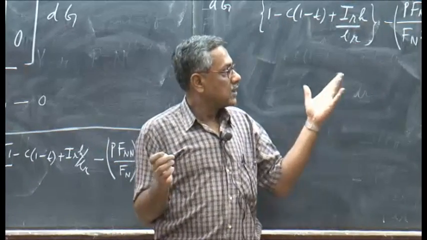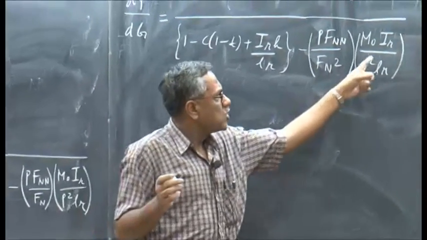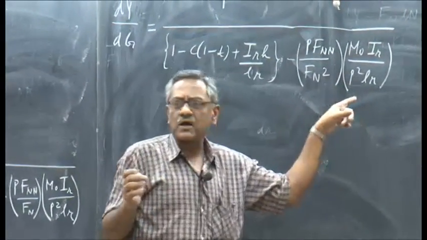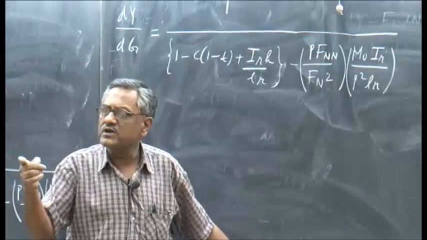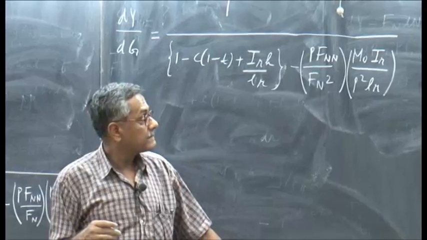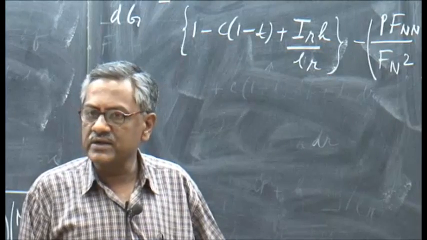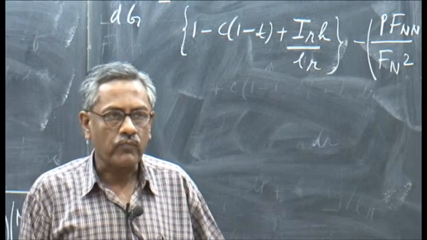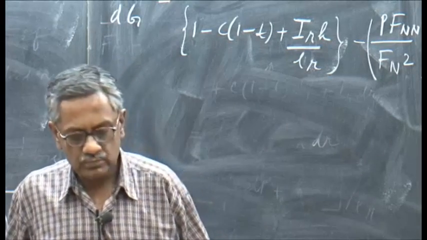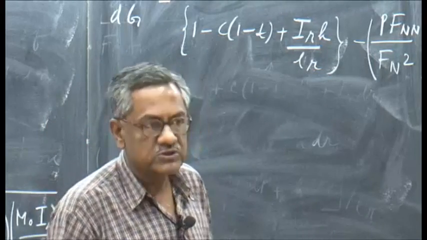Achha. Now, this is the slope of the demand function. M naught IR over P square LR. What was the slope of the aggregate demand function in the previous class? I just want to check that. From IS and LM you get the aggregate demand function.